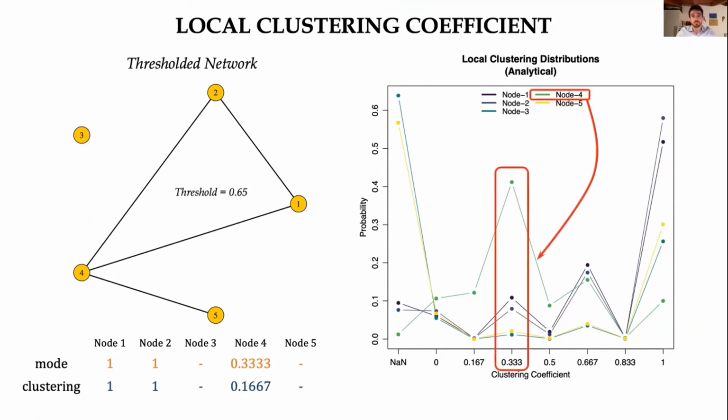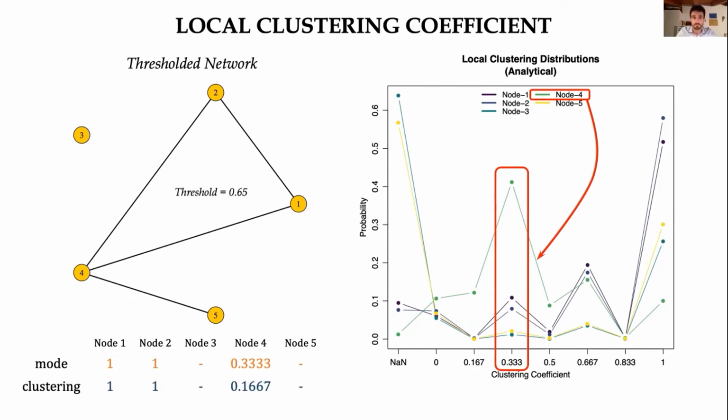And again, we can appreciate the difference between the two methods, since for node number 4, for example, the probability of having a value of 0.33 is almost 4 times the probability of having the value given by the threshold. So it is in this sense that the analysis of the topological features can be more robust against the uncertainty.